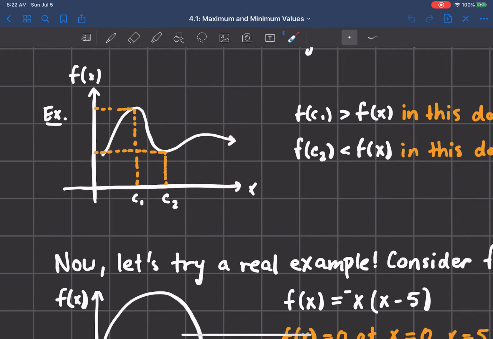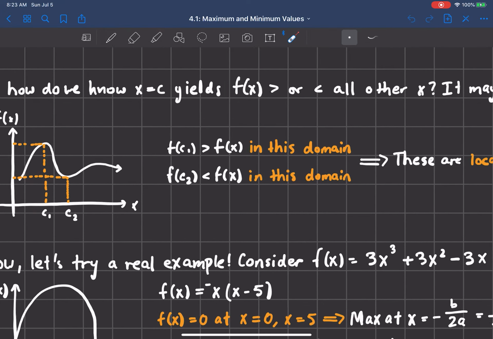The same thing follows for an absolute minima. On this fixed domain, we know that c2 is the smallest we're going to get. When we plug c2 into our function, we get the smallest y value. Hence, this is an absolute minima on this domain.